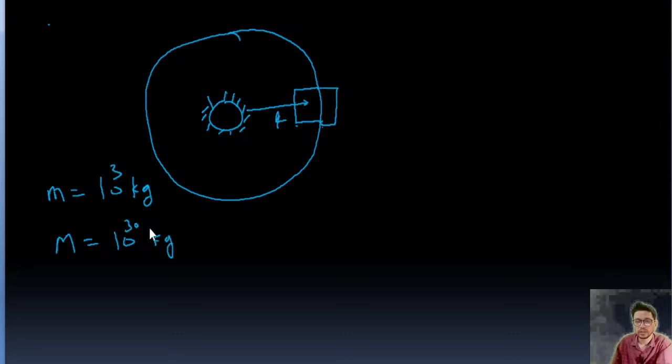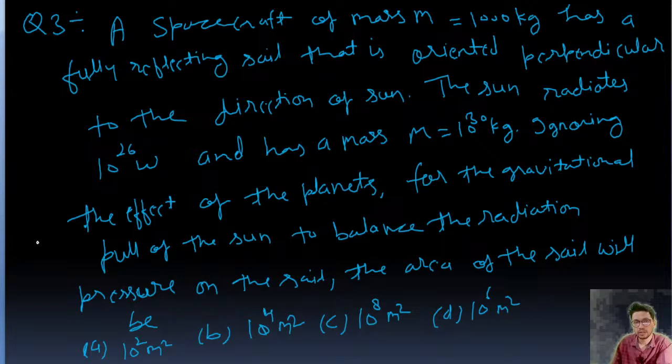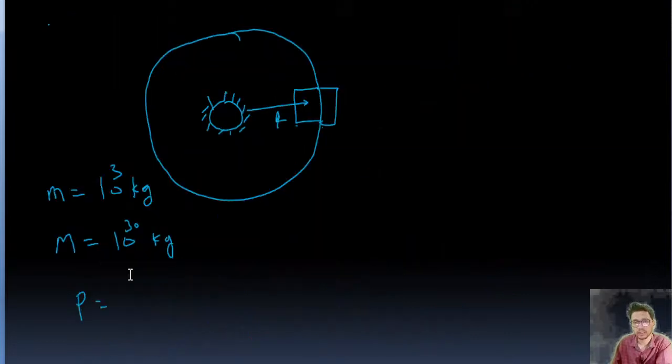The power P, that the sun radiates, is 10 to the power 26 watt. So this is given, guys.